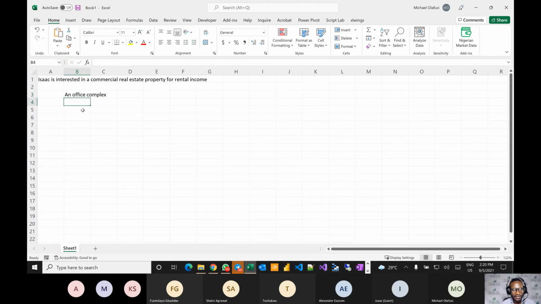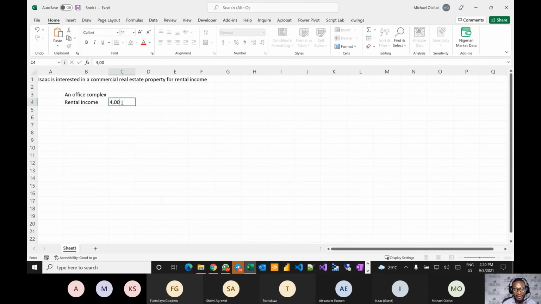Now, this office complex has an income potential, rental income of, say, 4 million naira a year.